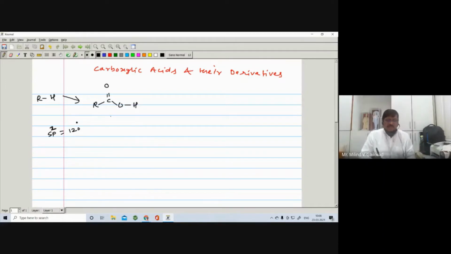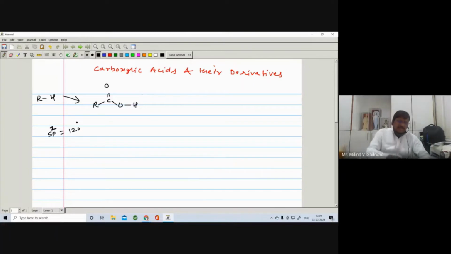If you see the examples of carboxylic acids, when they contain a larger number of carbon atoms, they are called fatty acids. In the book they have given a number of examples of fatty acids with the number of carbon atoms, the melting point and the molecular formula.